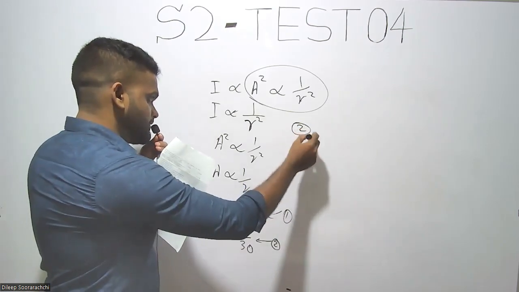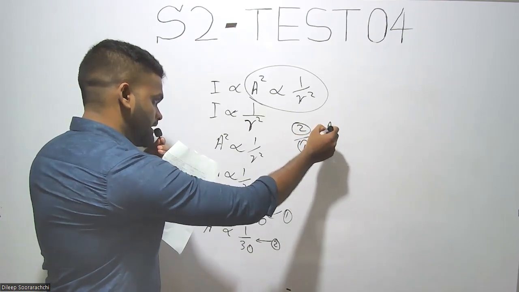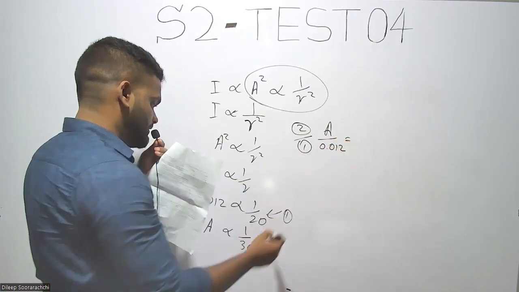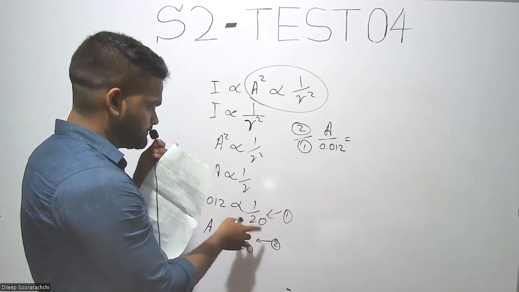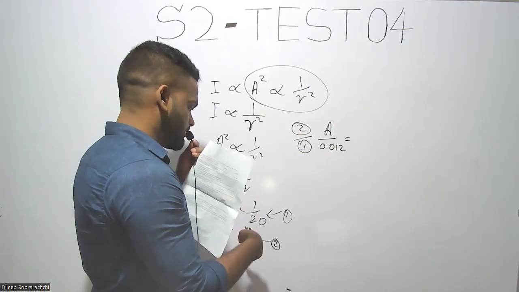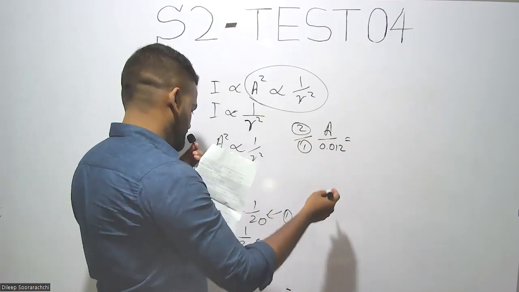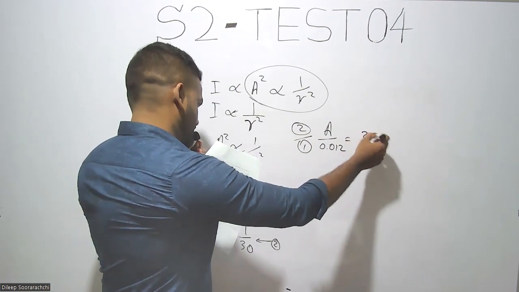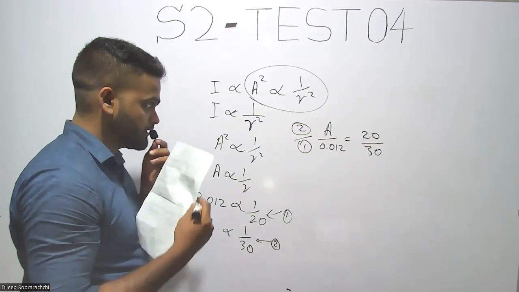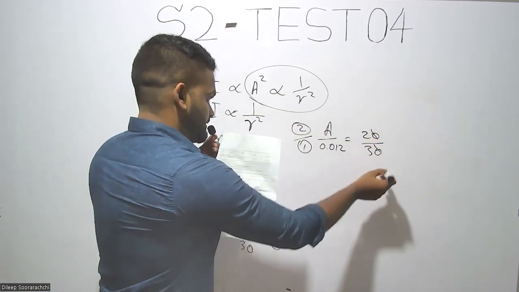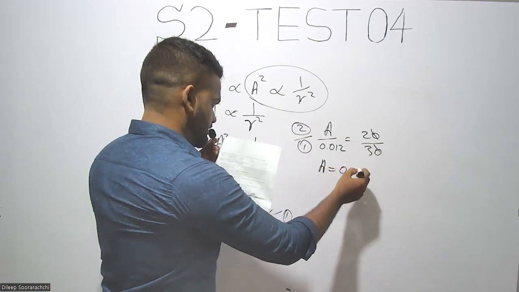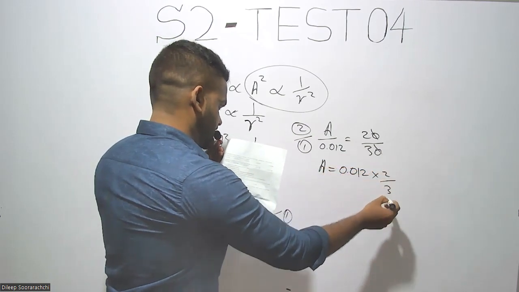Then I'll divide second by first one. A divided by 0.012 equals, when you divide these two, these are reciprocals. If you divide this, this becomes 20 divided by 30. Cancel these two. So A is proportional to 0.012 times 2 divided by 3.